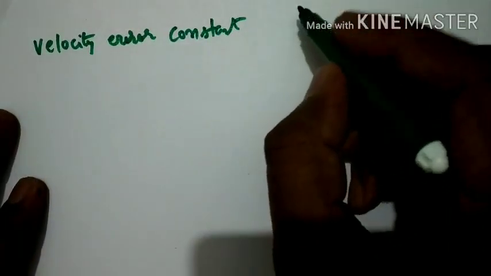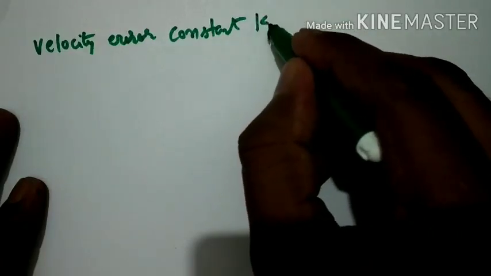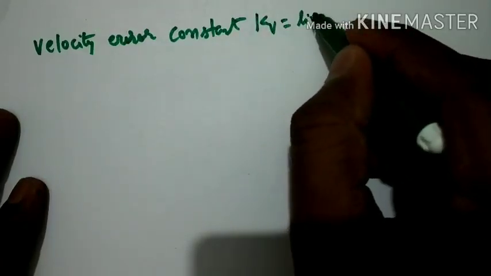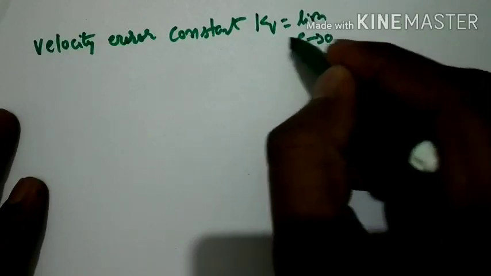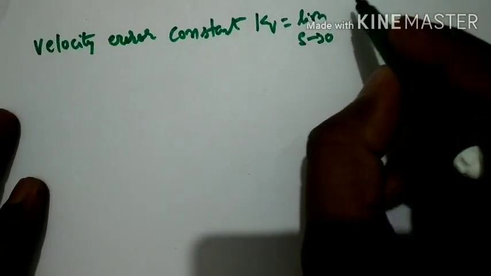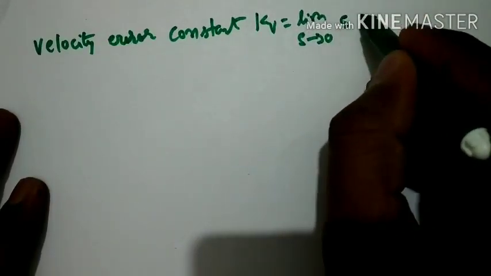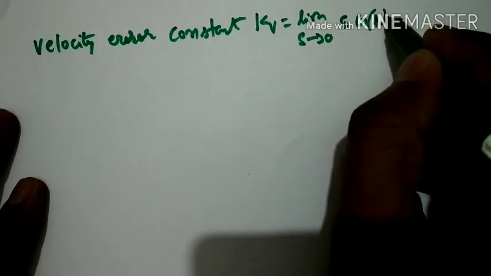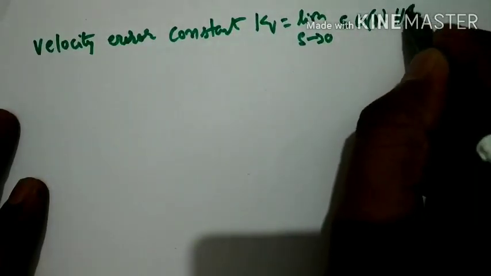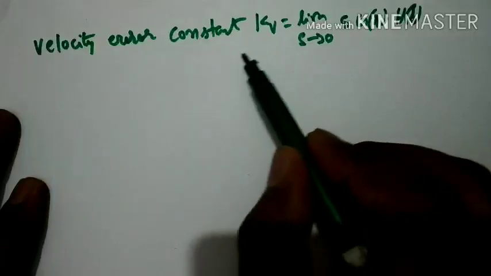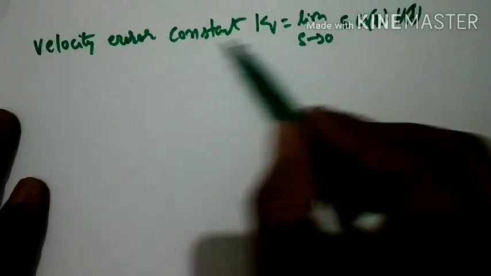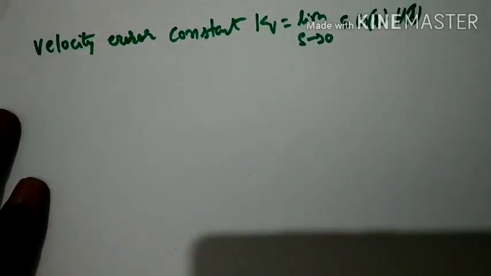Kv is equal to limit s tends to 0 of s into G(s) into H(s). You know this equation. I have given all the equations for the velocity error constant, positional error constant, and acceleration error constant.